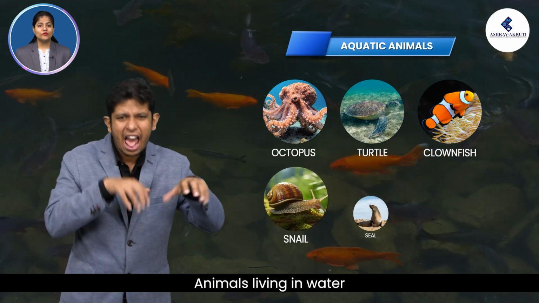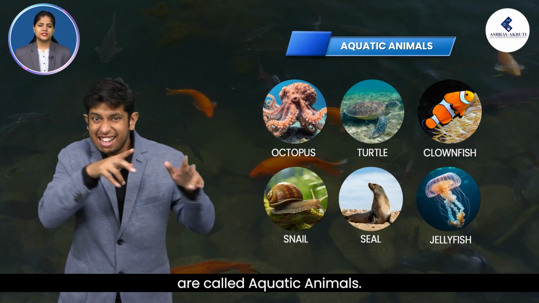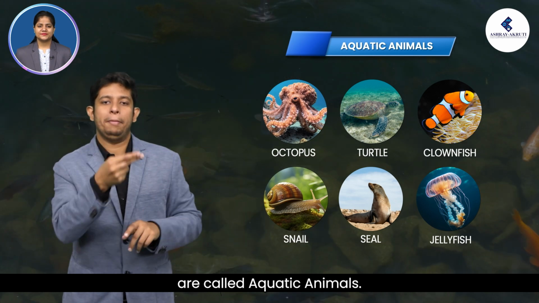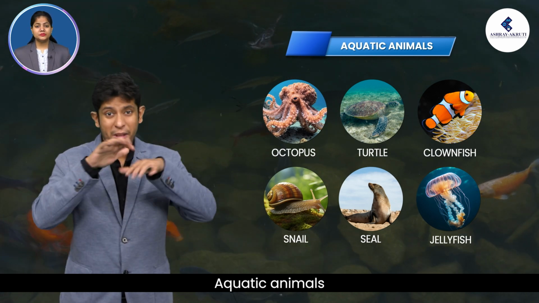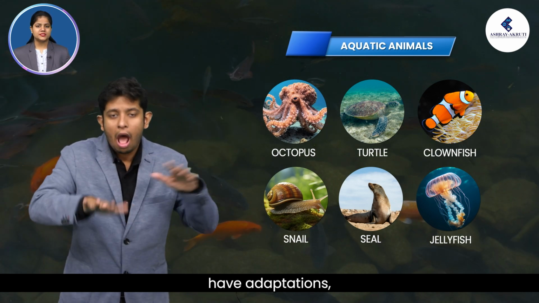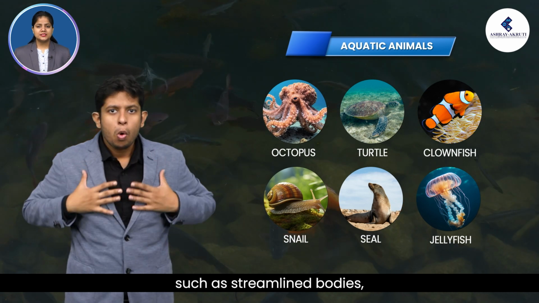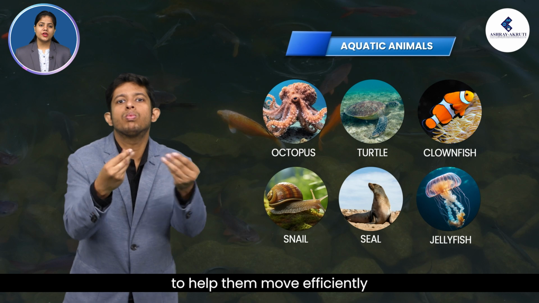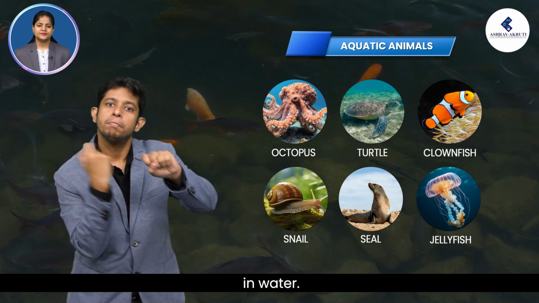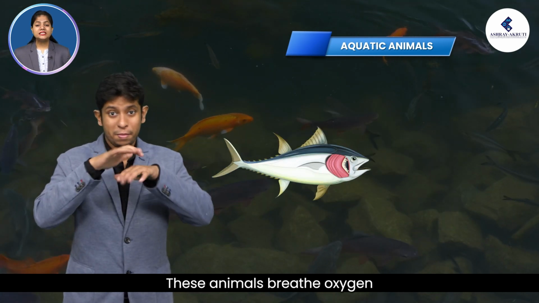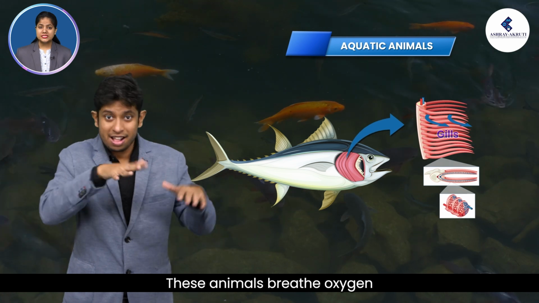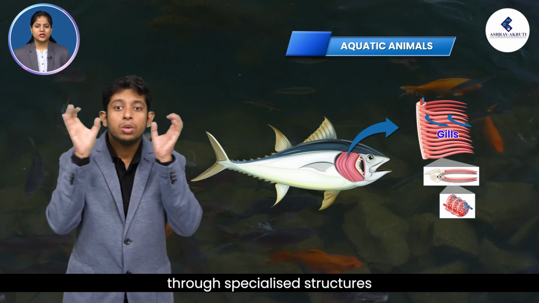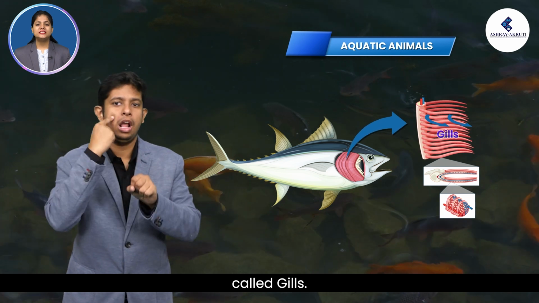Animals living in water are called aquatic animals. Aquatic animals have adaptations such as streamlined bodies to help them move efficiently in water. These animals breathe oxygen dissolved in water through specialized structures called gills.